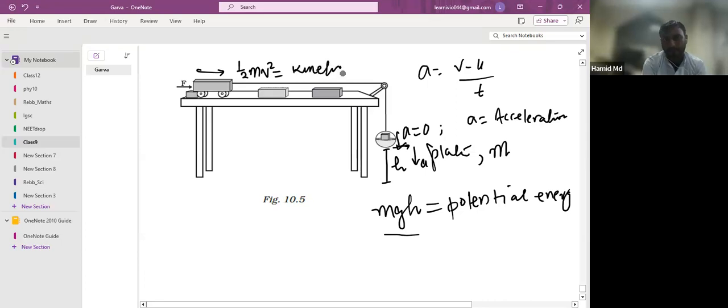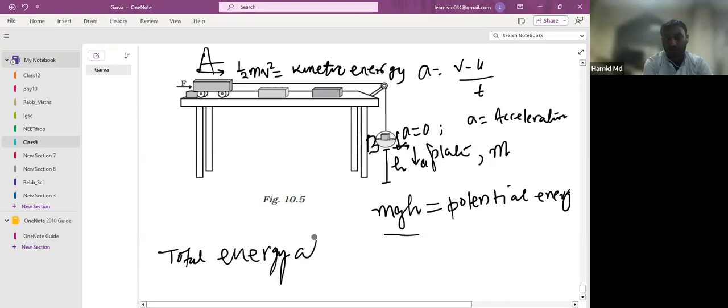Kinetic energy, right? So if I say this is point A and this is point B, total energy at A is equal to total energy at B. Clear?